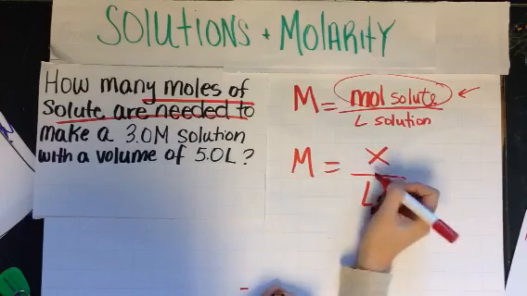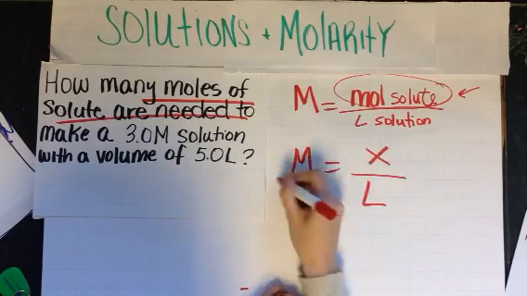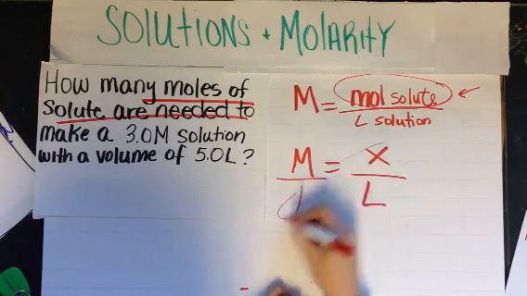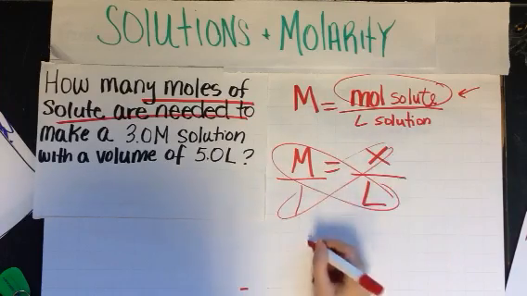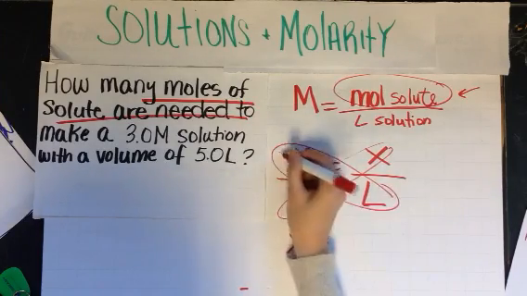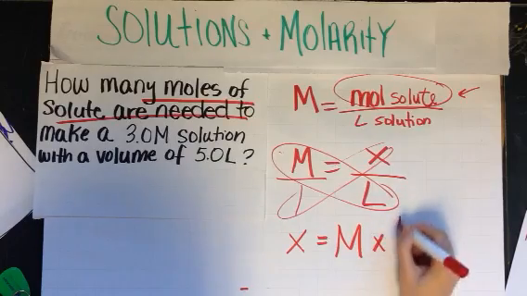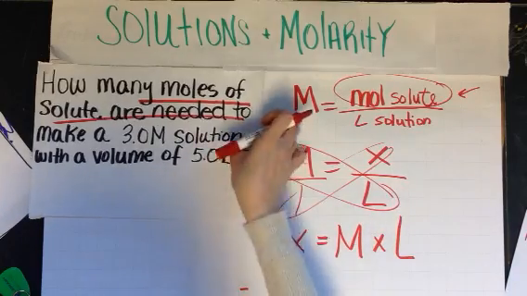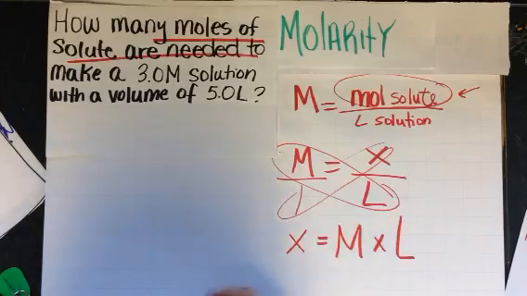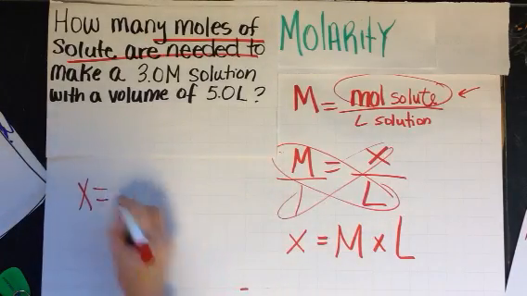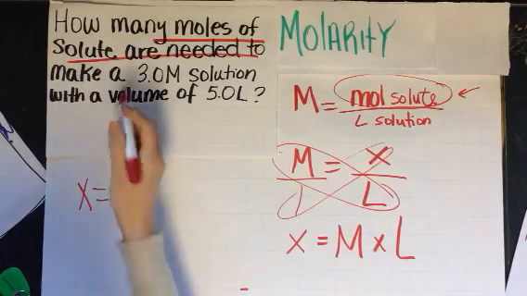The best way to do this algebra is, if this is a fraction, make this a fraction and cross multiply. So 1 times x is x, and M times L. Now all I have to do is plug in the rest of my information. So here's my x is equal to my molarity. So let's see here.